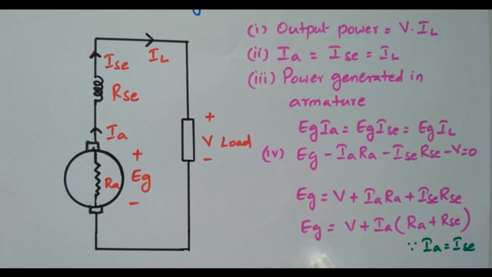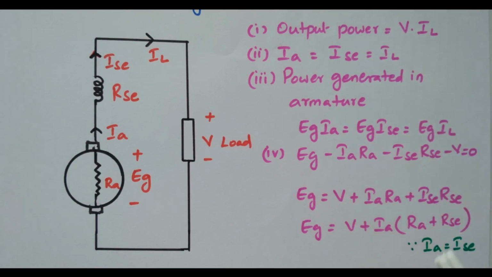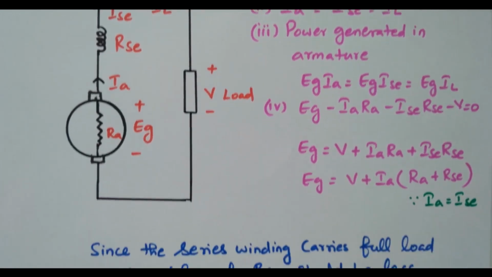That is, EG equals V plus IA into RA plus RSE, because IA equals ISE. So the generated voltage is the terminal voltage plus the drop across the armature as well as the field. Some voltage is dropped, and the balance is available at the load terminal. The remaining term is the output power, V into IL, the terminal voltage into load current. Now we will see the further detail.